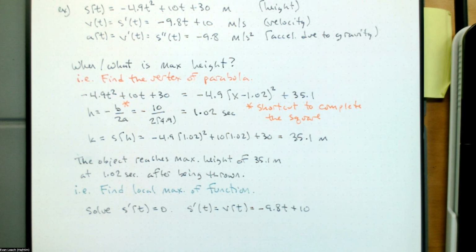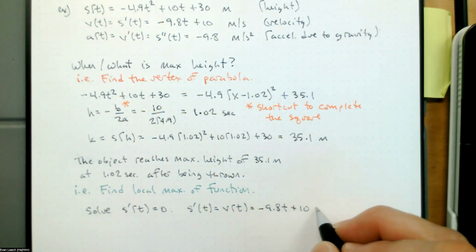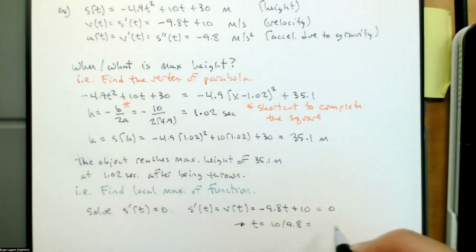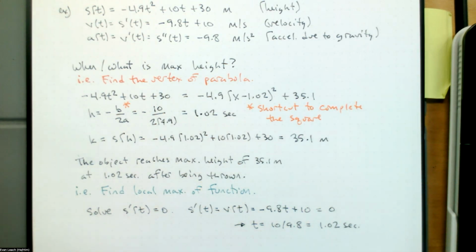We're going to set this equal to 0 and then solve. So we found a critical point, and we need to classify it as a local minimum, a local maximum, or neither of these.